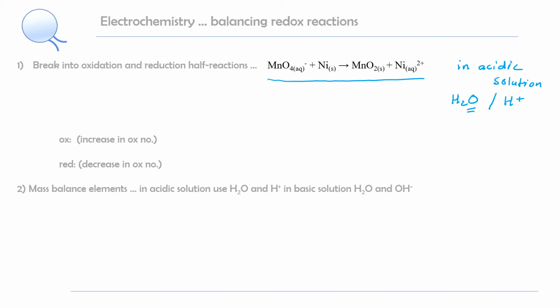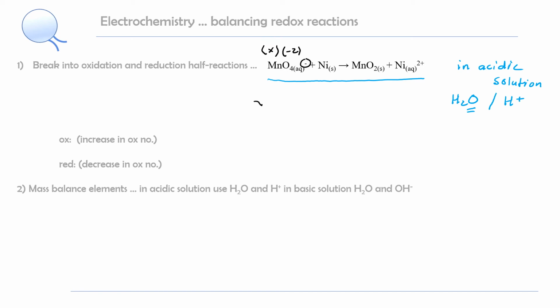First thing, go in and assign oxidation numbers. We've got a polyatomic ion, the permanganate ion with a -1 charge. So we know that the oxygen is -2. We don't know the oxidation number on manganese, but it's got to add to this -1 charge.